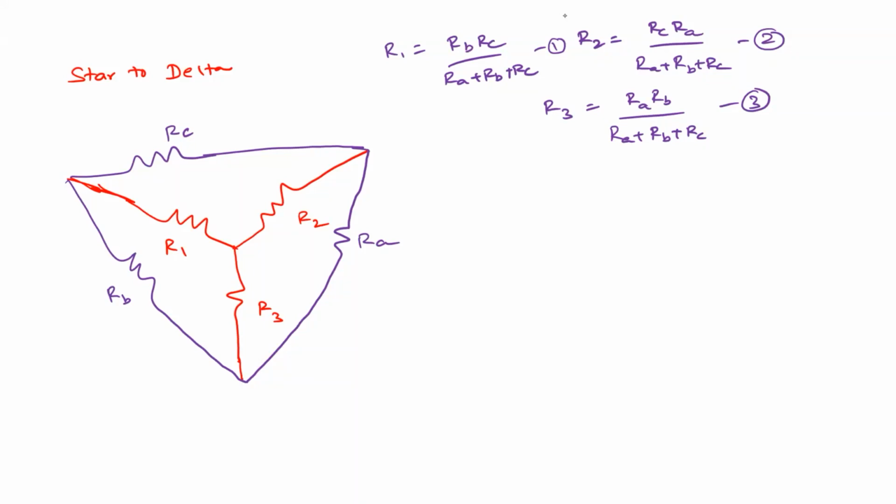Right. So you have formulated these three equations. From that, you can calculate. It's very simple. Let us assume that. So what is R1 into R2? R1 R2 equals RA RB RC squared by RA plus RB plus RC whole square.